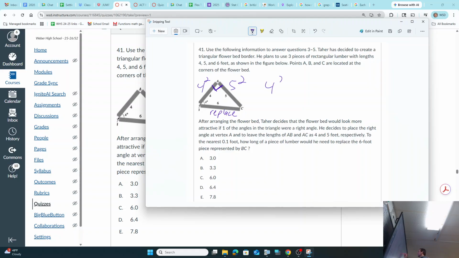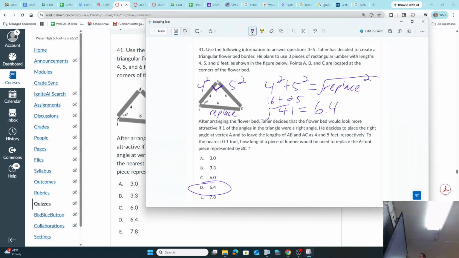So 4 squared plus 5 squared is equal to the replacement squared. So that's 16 plus 25, which is 41. Then we square root both sides, and it ends up being like 6.4 or something.